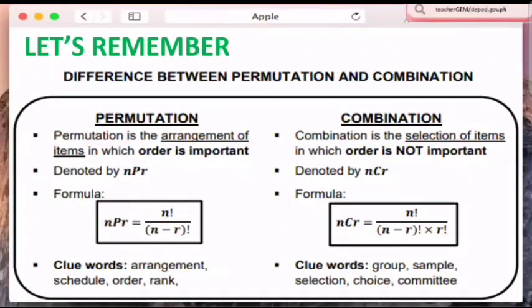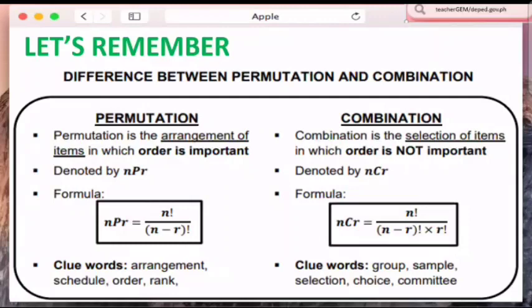Then, yung mga clue words niya, for example, nasa sentence, nakita ninyo, arrangement, schedule, order, rank. So, what's the rank of the student in 10 Mabini? Ibig sabihin, permutation na siya kaagad. Arrange the following. What's the schedule of this and this? So, ibig sabihin, permutation na po siya kaagad.